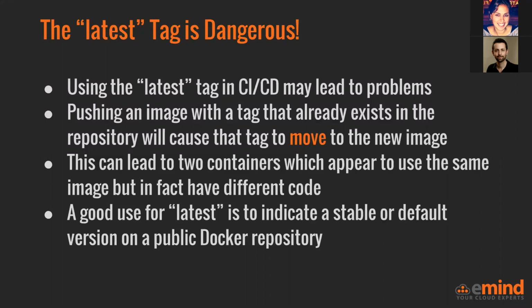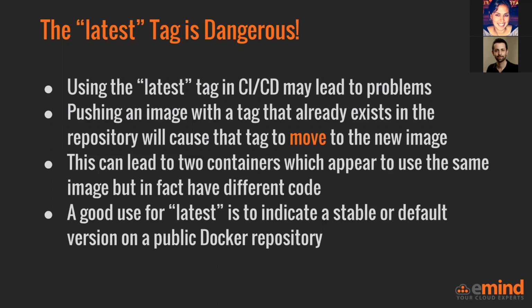When you push a Docker image to a repository, and that repository already has an image labeled with the same tag, the tag will move from the existing image to the new image, leaving the old image untagged. Now, this can lead to all sorts of problems, some of which are containers which look the same but actually have different code in them, or leaving multiple untagged images as garbage in your repository. These are images you will never be able to identify.